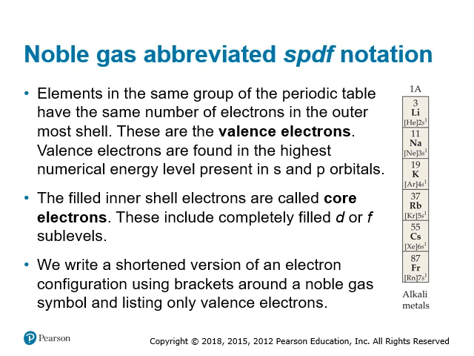And we can use a noble gas abbreviated SPDF notation to speak to the electron configuration of larger and larger atoms. For example, I don't think that we would want to include all of the orbitals in an atom of oganesson if we were trying to succinctly describe its electron configuration.